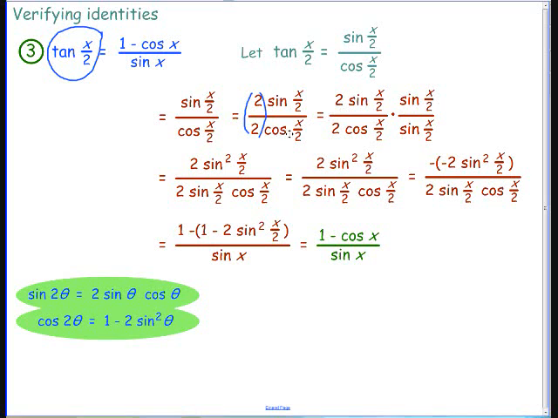Now, I'm going to multiply this whole thing again by another fancy 1. Why am I doing all of that? Because I've got my eye on this, remember? So keep your eye on the target and see if you can begin to approach it.